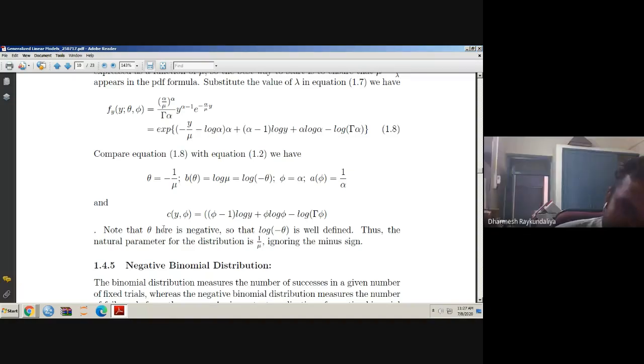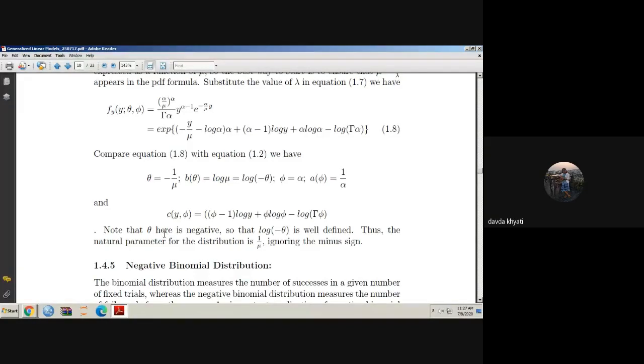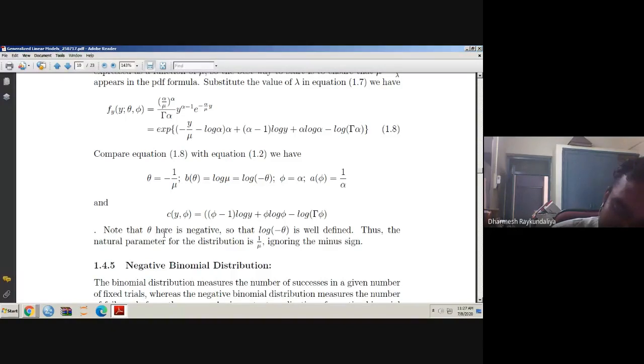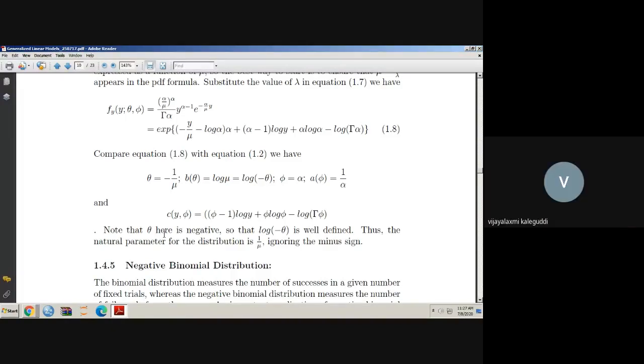So this means that b theta equal to minus log of 1 upon theta. Log 1 is 0 and log theta is minus, so that is minus log of minus theta. So b dash theta is minus 1 by theta.